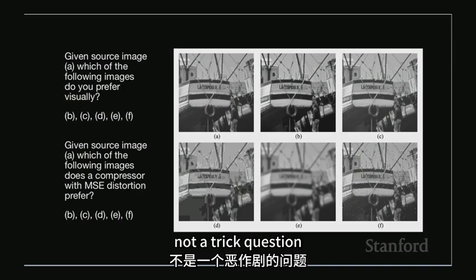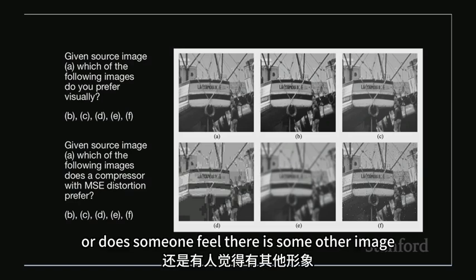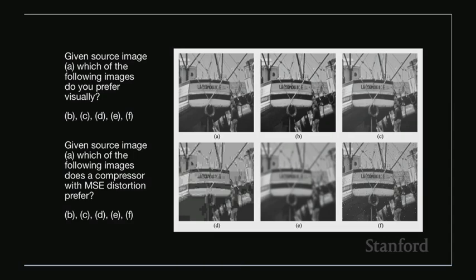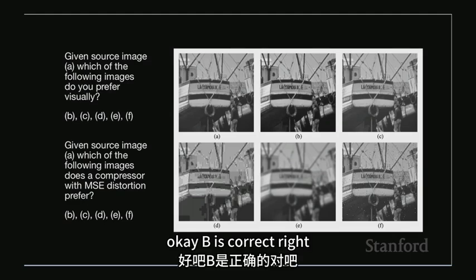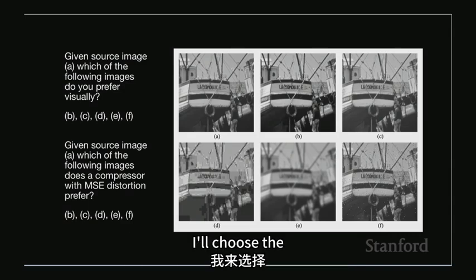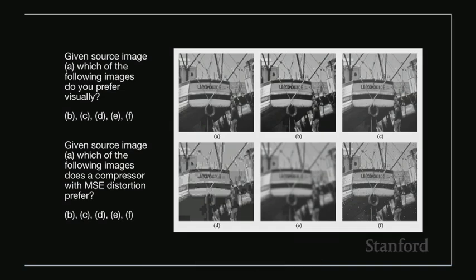Again, not a trick question, just shout out. Okay, B. Does everyone agree? Or does someone feel there is some other image which is a better reconstruction of image A? Okay, B is correct. It's clear that if I have to choose among B, C, D, E, F, I'll choose the compressor which gives me B, at a similar rate compared to C, D, E, F.